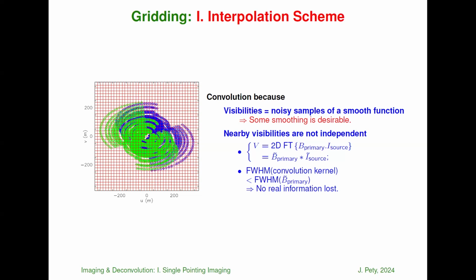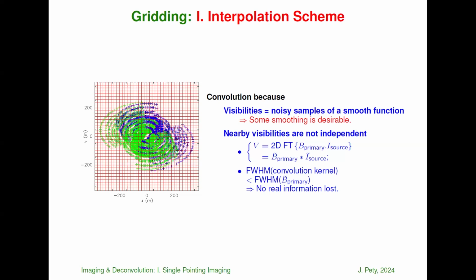Let's use again Fourier transform property number 1, the product. This will give you the convolution of two functions: the Fourier transform of your source, which is what you are after, but convolved by the Fourier transform of the primary beam of your telescopes.